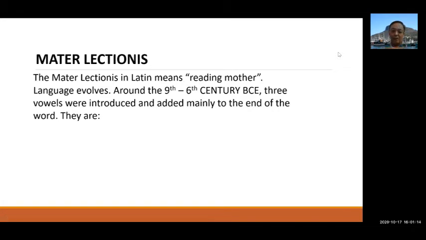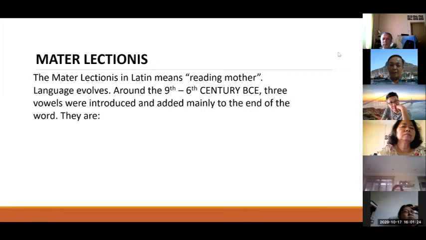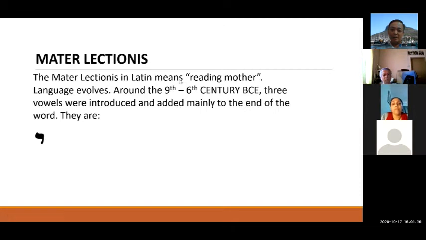Like I mentioned just now, around the 9th to the 6th century BCE, that was before Christ, the three vowels were introduced and added to the end of the word. These are the yod, the vav, and the hey. So these are the three Mater Lectionis, or we call them full letter vowels.